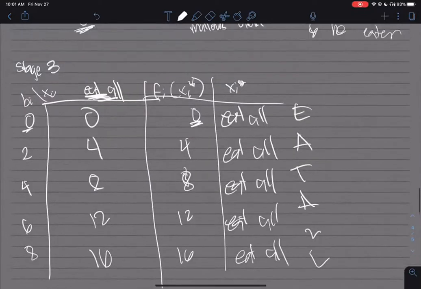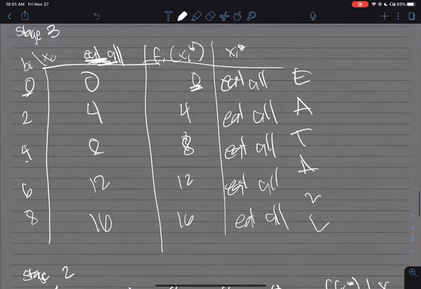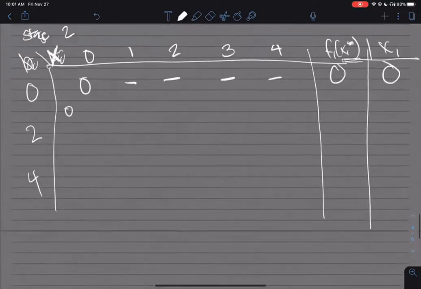So if I have 4, what will be the happiness rating for day 3? 8. So it becomes 0 plus 8. This becomes an 8. Tama?